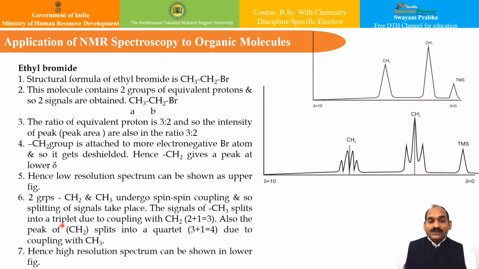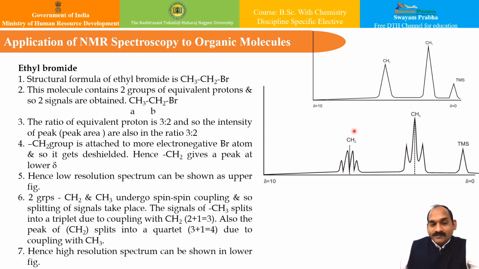Now the two groups, CH2 and CH3, will undergo spin-spin coupling, and therefore splitting of signals takes place. The signal of CH3 splits into a triplet due to the coupling with CH2, that is 2 plus 1 is equal to 3.